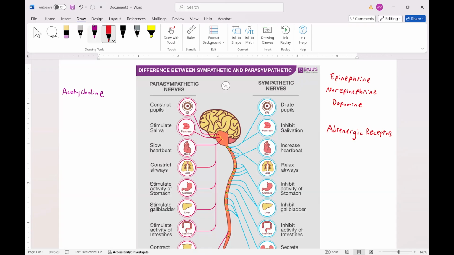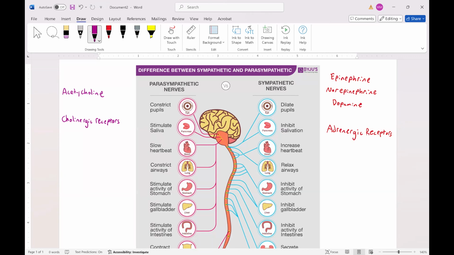And acetylcholine targets our cholinergic receptors. Dopamine responds with the dopaminergic receptors, but don't worry about that.